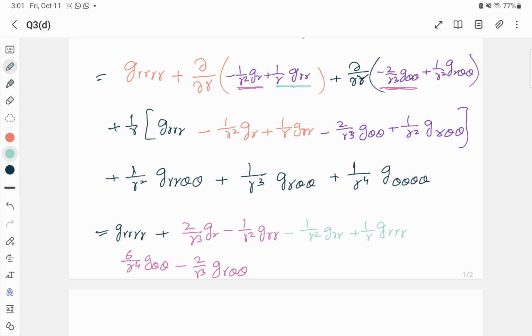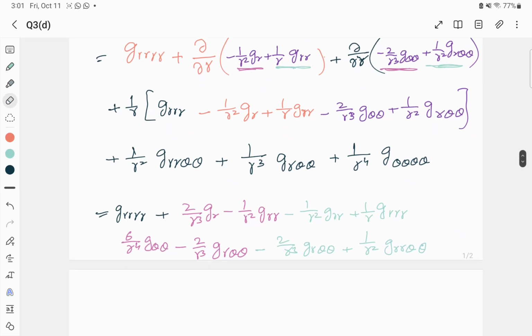Now we apply the product rule on this term. It will be negative 2 over r cubed g r theta theta plus 1 over r squared g r r theta theta. Now I go over here and just multiply with 1 over r wherever it is needed.